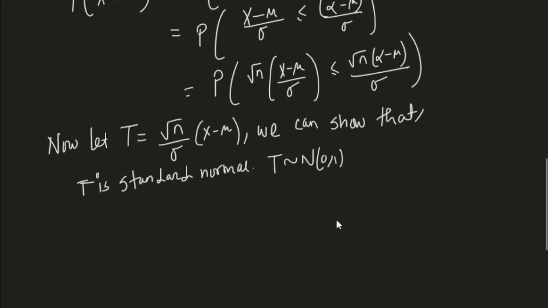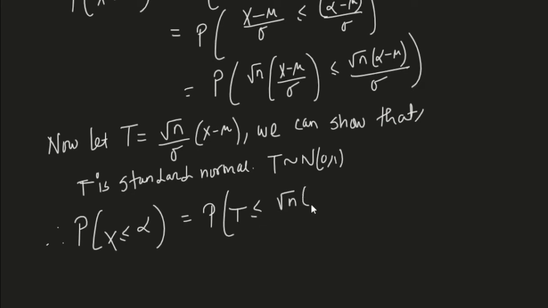So when this happens, we see that the probability of x less than or equal to alpha would just be the probability of t less than or equal to root n times alpha minus mu by sigma, right?